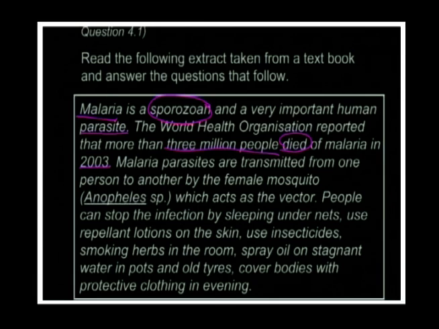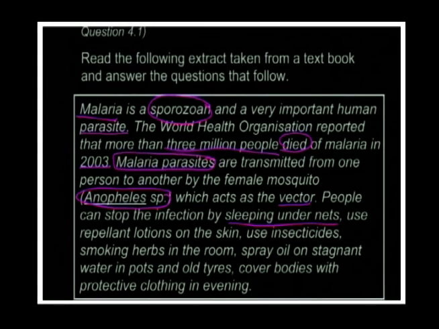Malaria parasites are transmitted from one person to another by the female mosquitoes of the Anopheles species, which acts as the vector. Vector is just the way that something is spread. People can stop the infection by sleeping under nets, use repellent lotions, insecticides, smoking herbs in the room, spray oil on stagnant water in pots and old tires, and cover the bodies with protective clothing.